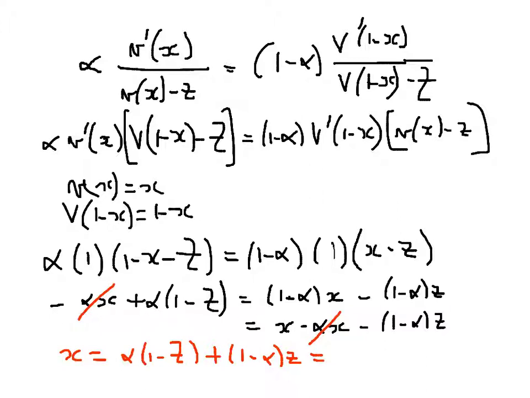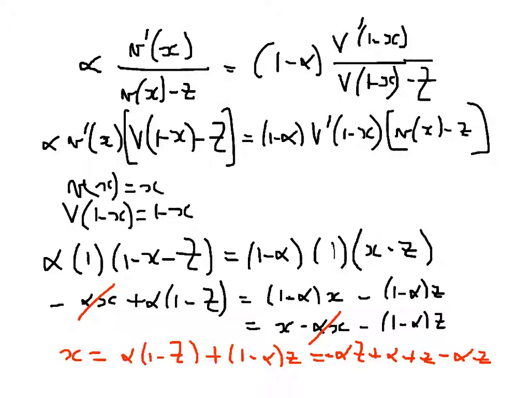So you get alpha capital Z, negative alpha capital Z, plus alpha, plus small z, negative alpha small z.